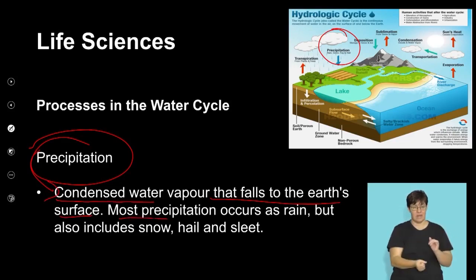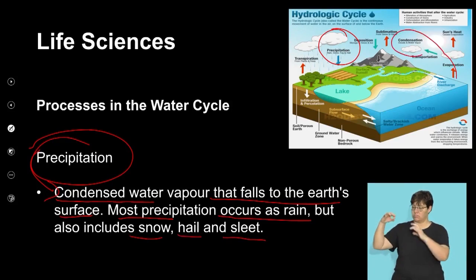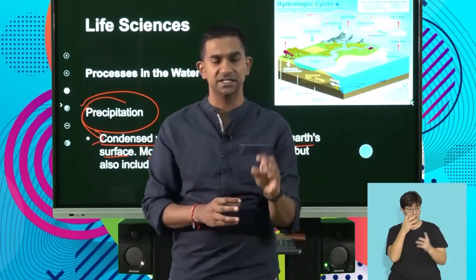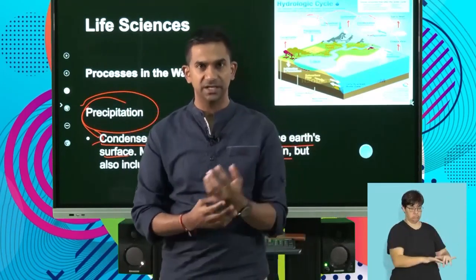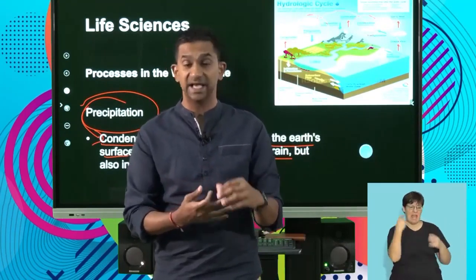Most of the precipitation occurs as rain, but also includes snow, hail, and sleet. So guys, during the process of evaporation, we see condensation occurring, and that condensation means that now we have water that builds up in the atmosphere. Precipitation essentially is important in returning the atmospheric water back to the Earth. And we see that happening through rain, snow, sleet, and hail.